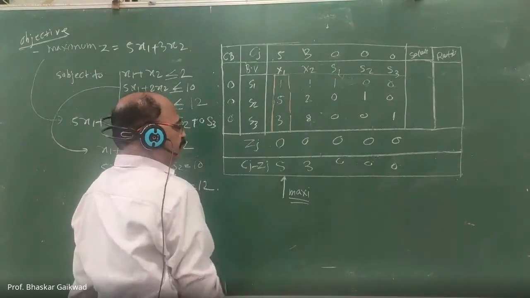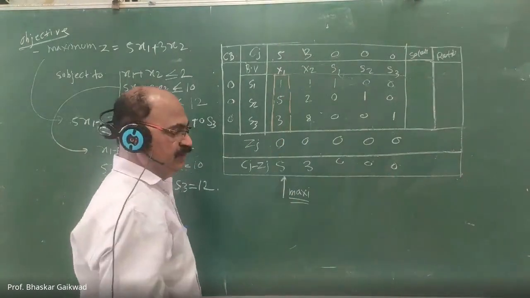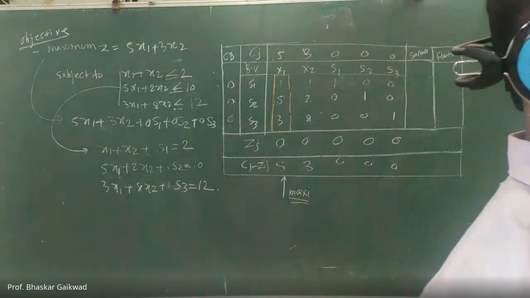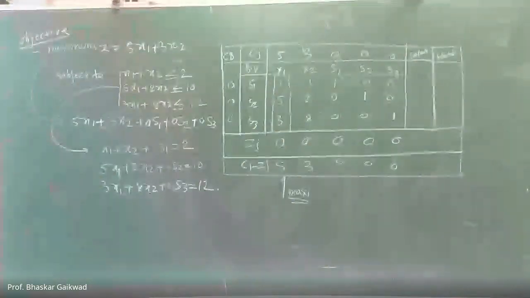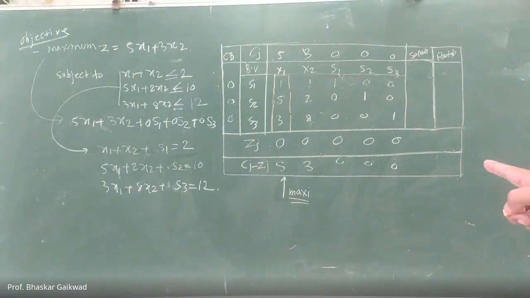Red color indicates the column. You have to find the maximum of Cj minus Zj, and you have to go vertically. You can mark that column.